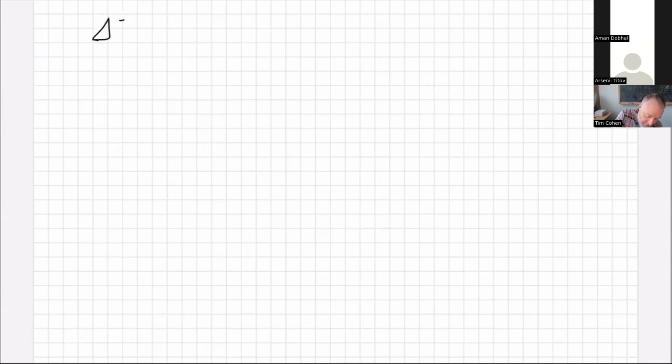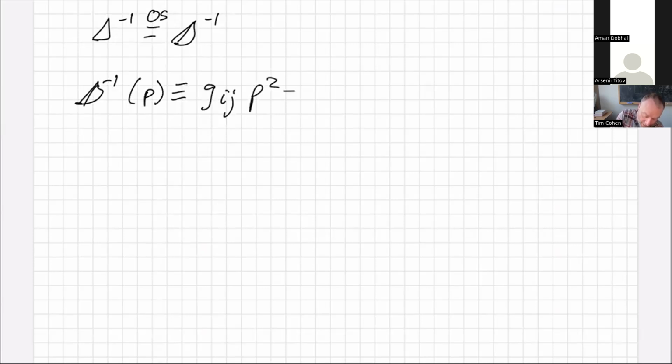Let me write this as a formula. This is on-shell equivalent to an object I'm going to give a double line, like bold, where I can define this thing as G_ij p squared minus U covariant derivative with respect to ij, where again I'm using the GR notation.